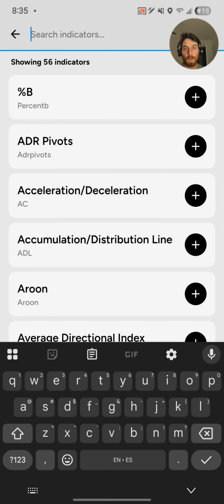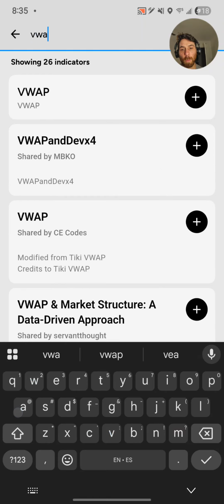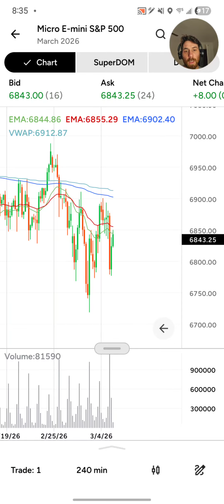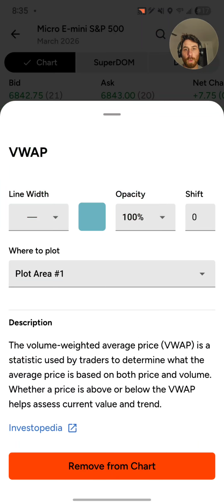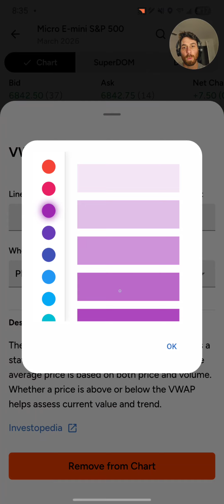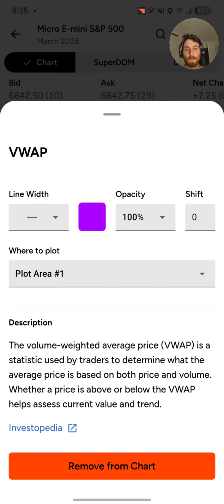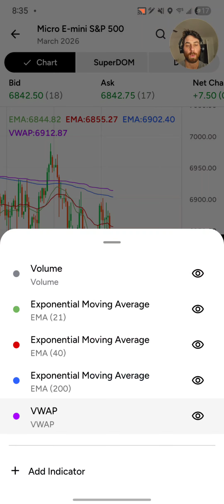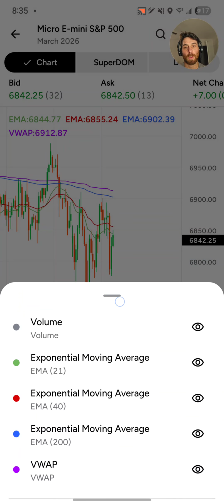And then aside from the volume, it's also great to add in the VWAP, probably the most important indicator, except I don't like the color that it comes with, so I go ahead and change that to purple. Changing the colors to what you prefer makes it a lot easier to read when you follow the same structure every time.